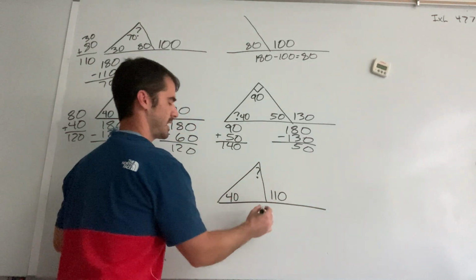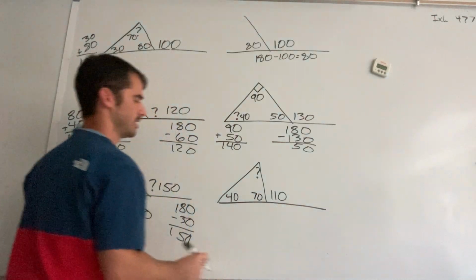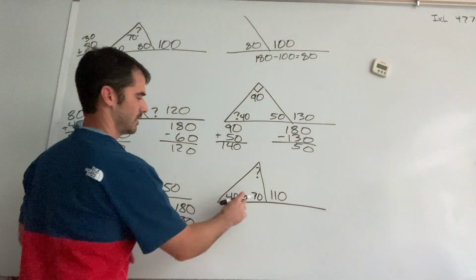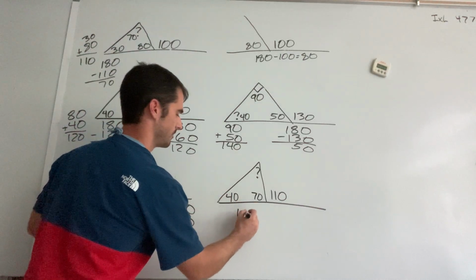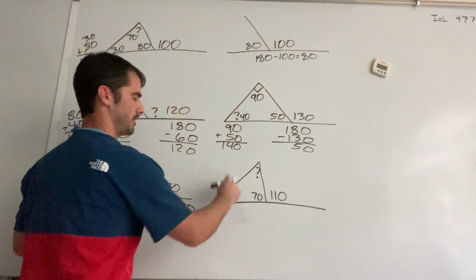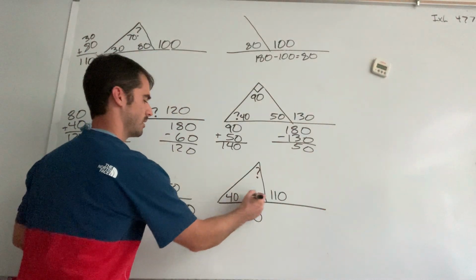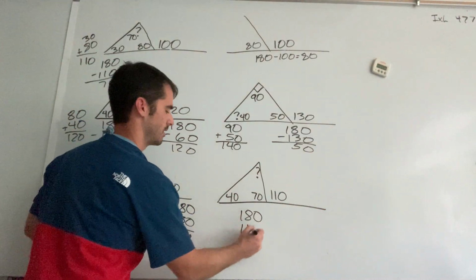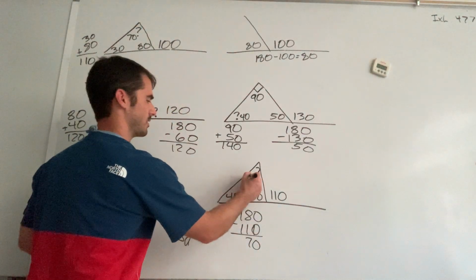If 110 is there, then what is missing is 70. Okay. And if I add these together, I get 110. Actually, let me erase that. I know there's 180 degrees in a triangle, and I can subtract that, which we know here, from it, and get 70 here as well.